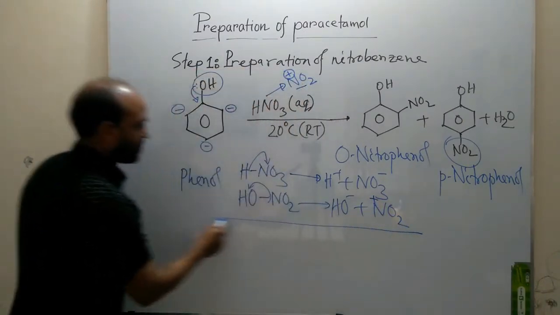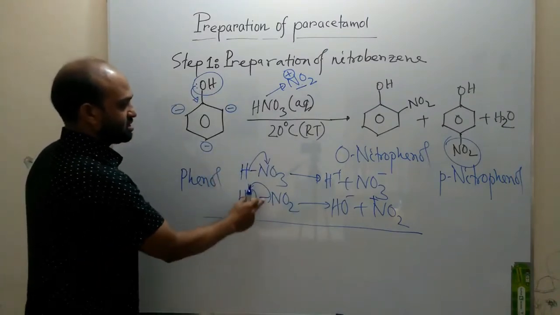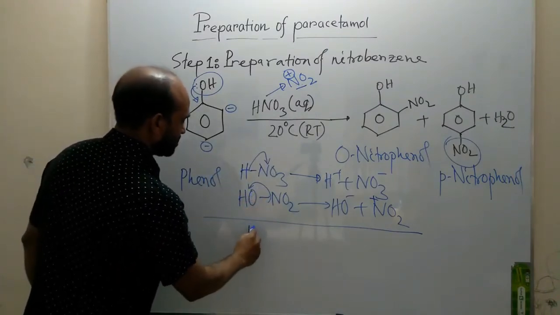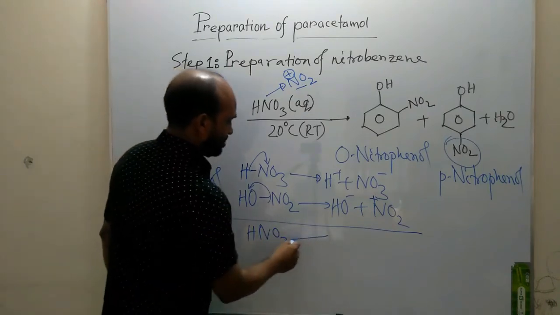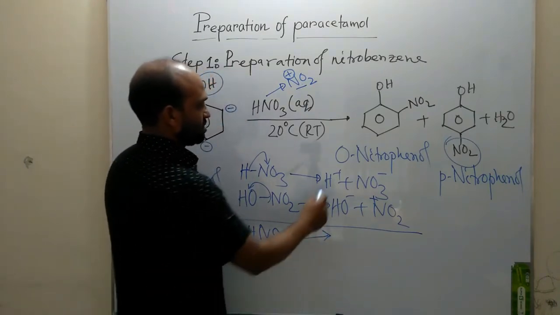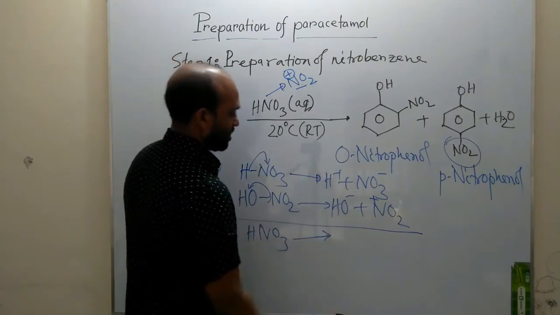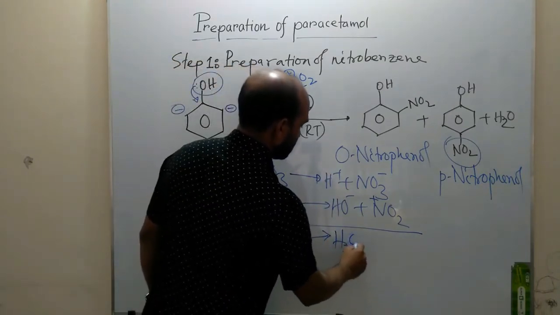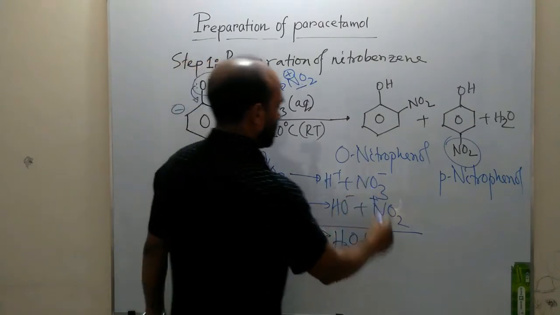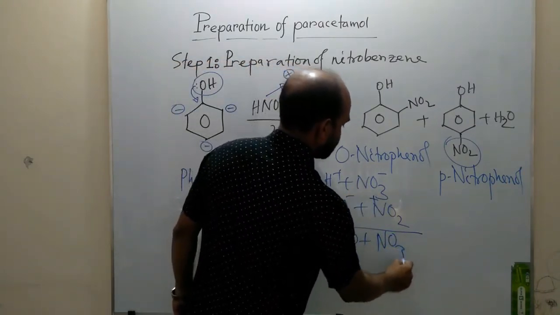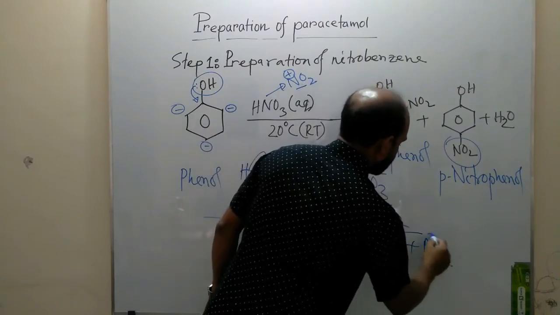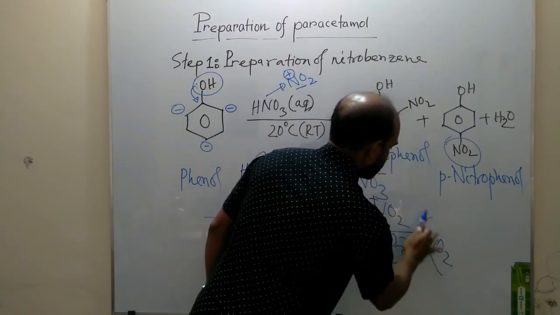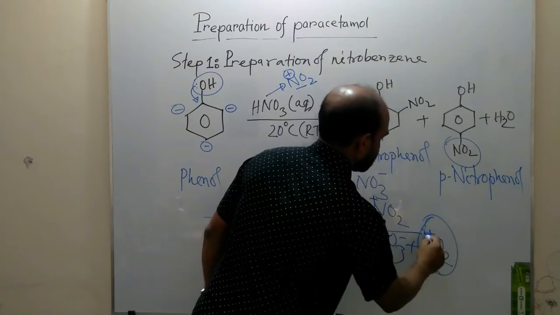Now let's see, this is nitric acid, this is nitric acid. So we can write here nitric acid, and this side we can write H plus OH minus. So this is water, one nitrate ion, and another one is nitro group as electrophile.